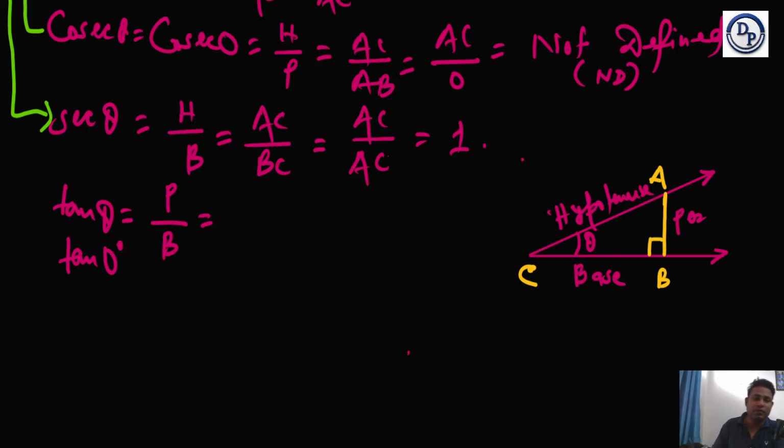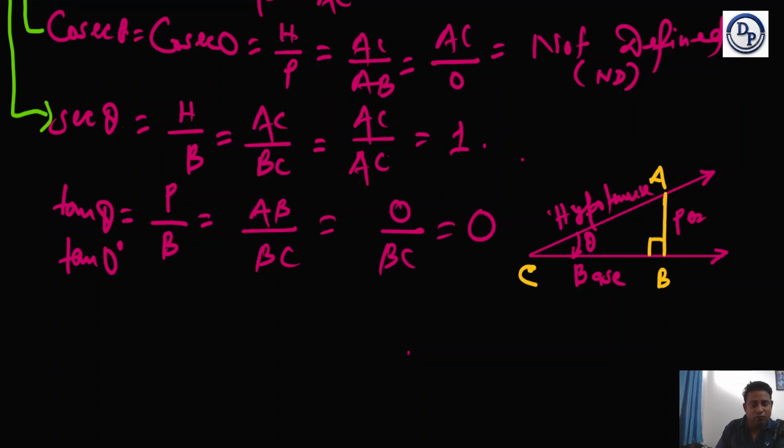When the angle is moving toward becoming 0, this AB is also moving toward becoming 0. So P by B is AB by BC. Now AB is 0 and BC is some measure, so we will get 0. And what about cot 0?